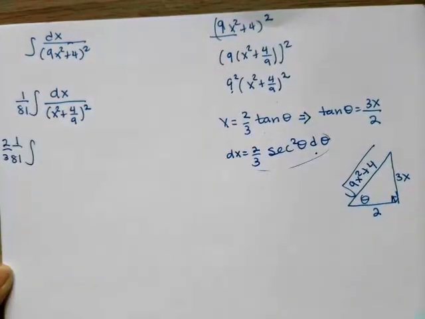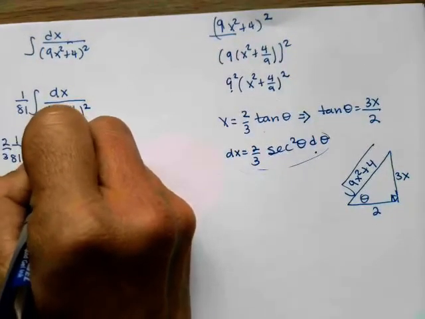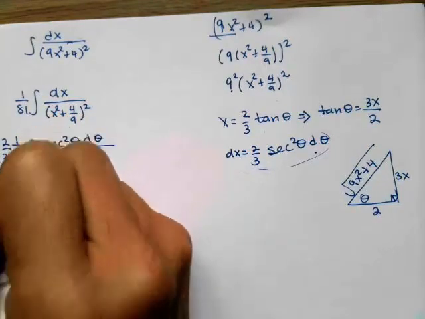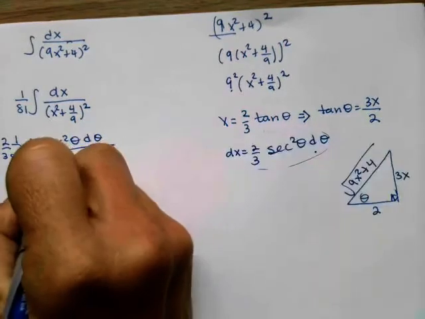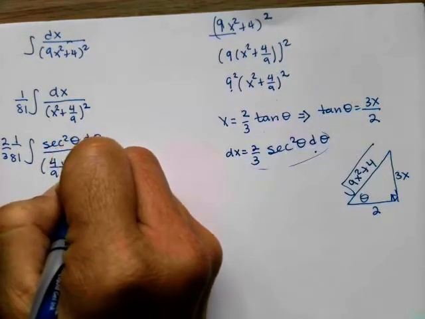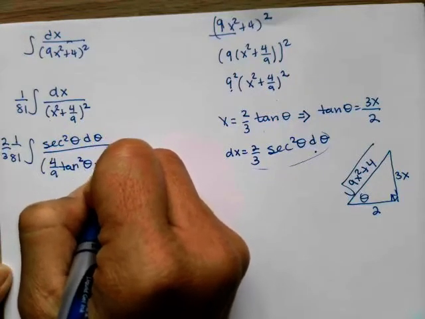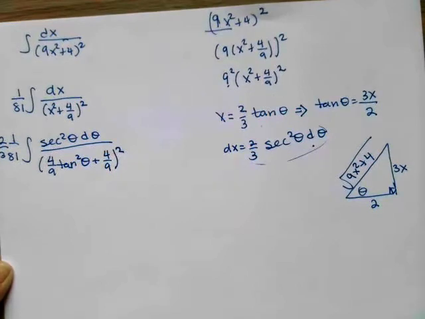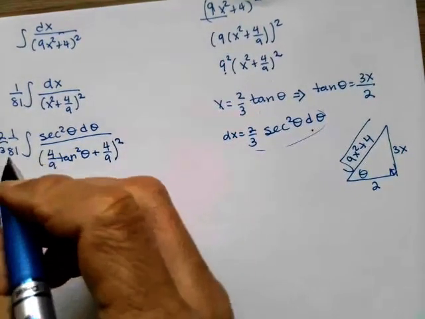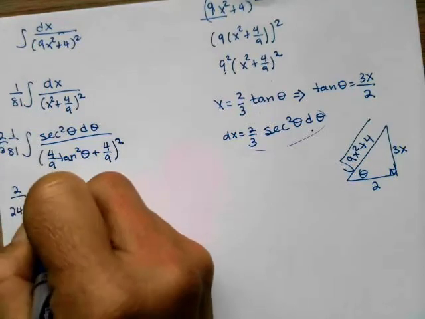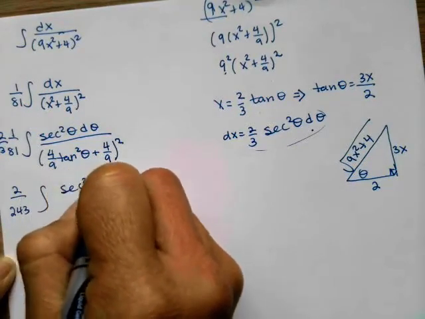So 2/3 there, secant squared theta d theta. On the denominator, I have x squared, which is 4/9 tan squared theta plus 4/9, and all of that's squared. So, oh my gosh, 2 over 243 integral secant squared theta d theta.